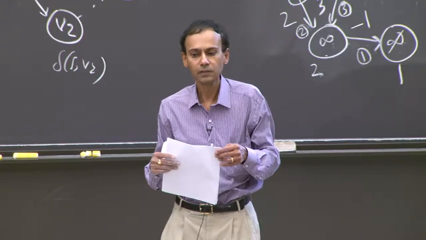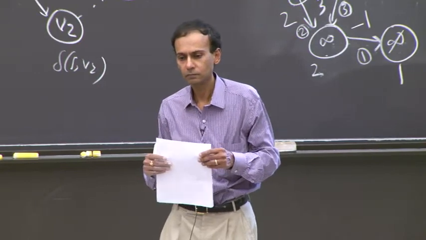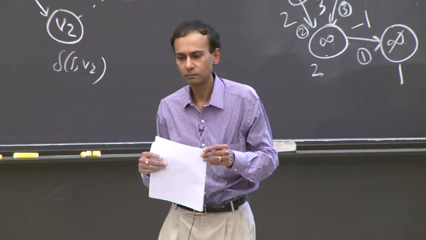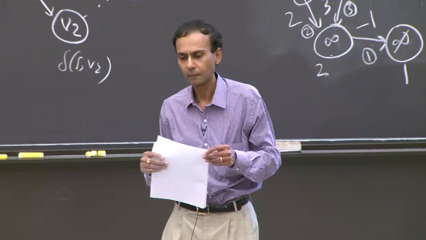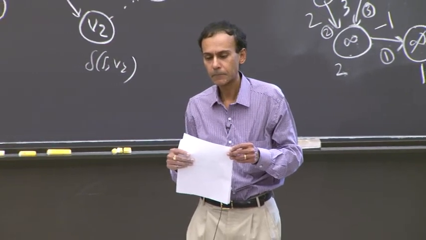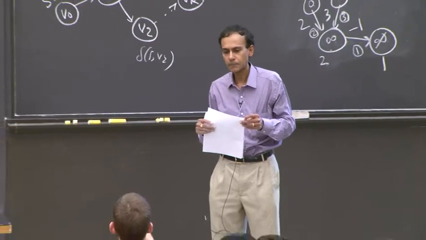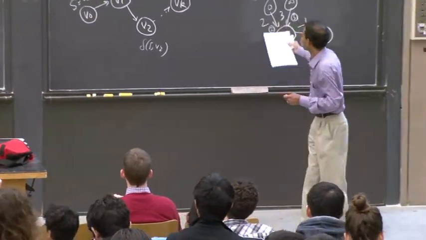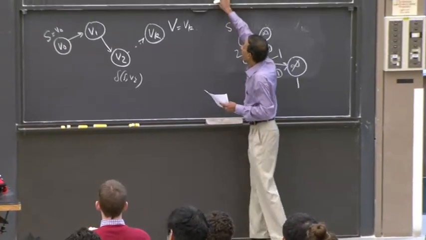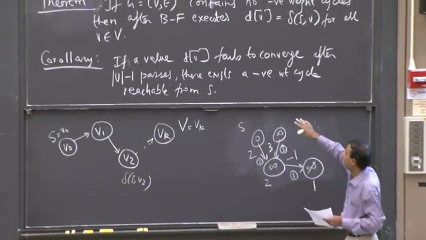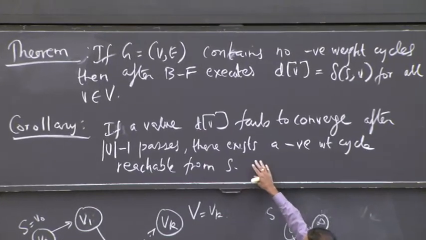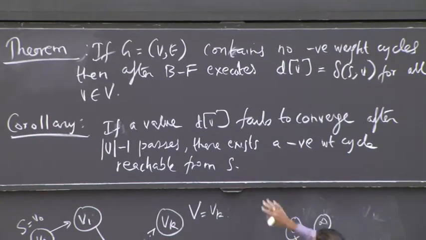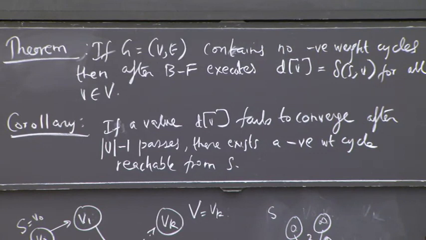All right? Yeah? In the corollary, does that assume you have a connected graph? Because you could have a negative weight edge in a separate part of the graph, which isn't reachable from S. Yeah, so everything here, when you have an undefined weight, remember your initialization condition: what is affected by S?